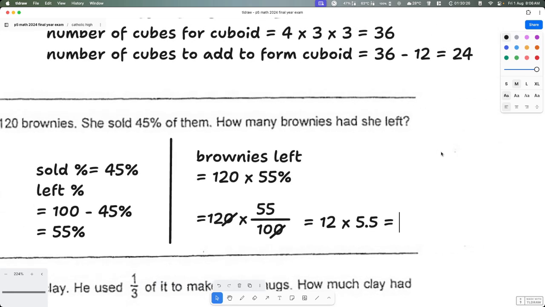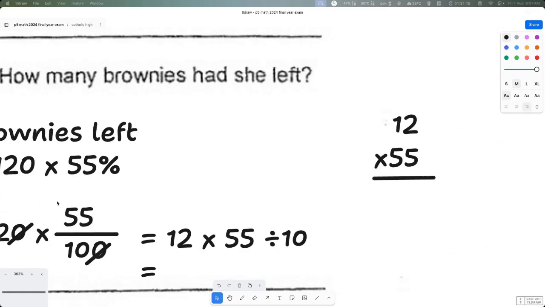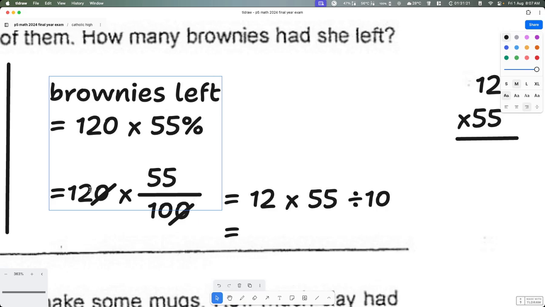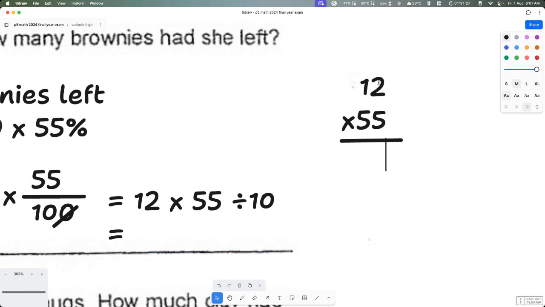I'll do the workings for this multiplication. Actually, 12 times 55 out of 10 is the same as 12 times 55 divided by 10. So 12 times 5 gives us 60. Then we have a 0 over here, and 12 times 50 gives us 600.